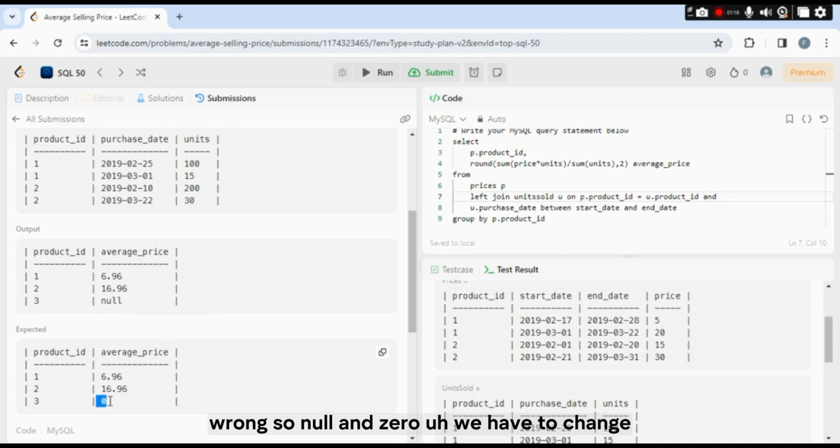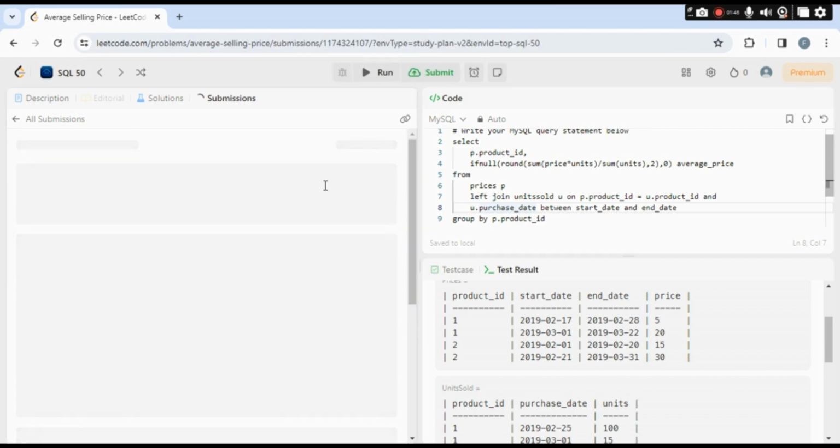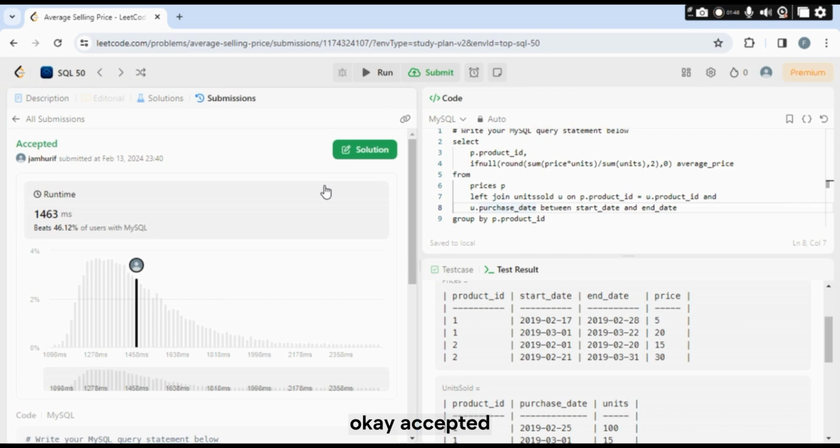Also we have to change the null into 0. So if null, it will be 0. If we submit, okay, accepted.